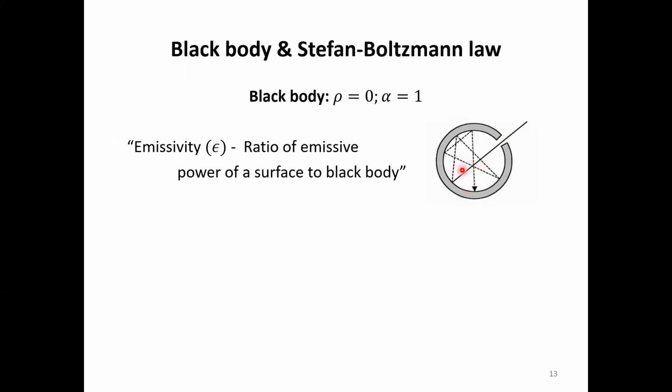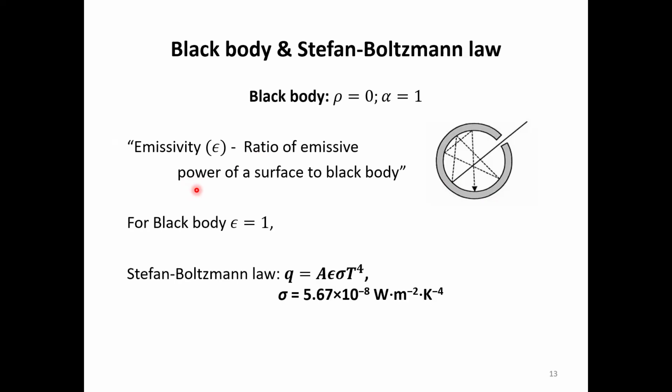Because nothing comes out of this ball, everything is being absorbed, we say the alpha for a black body is equal to 1. Now we introduce a new term called emissivity, which is a ratio of emissive power of any surface, for which we are interested to know what its Q is going to be, to that of a black body.